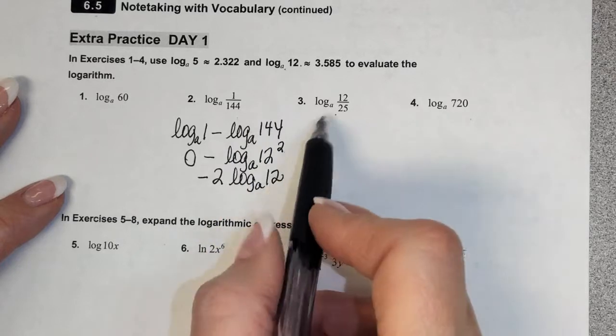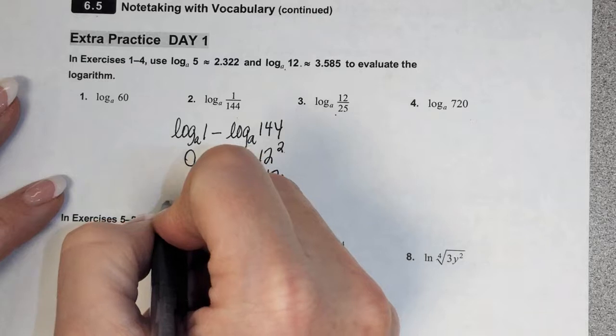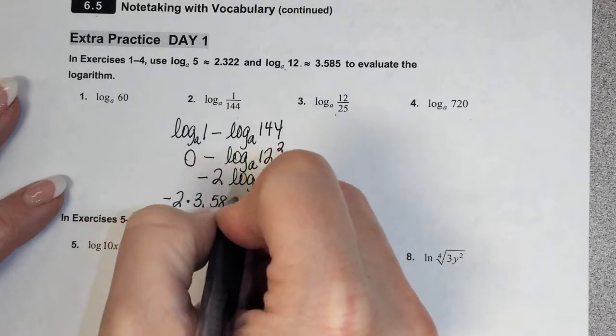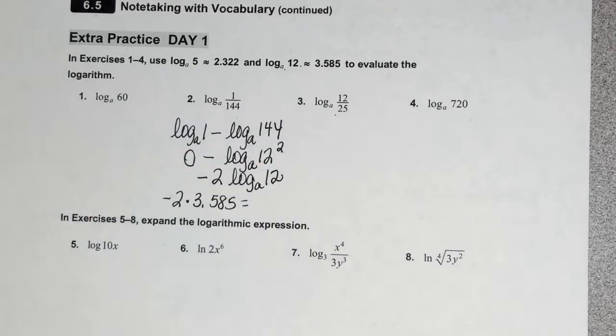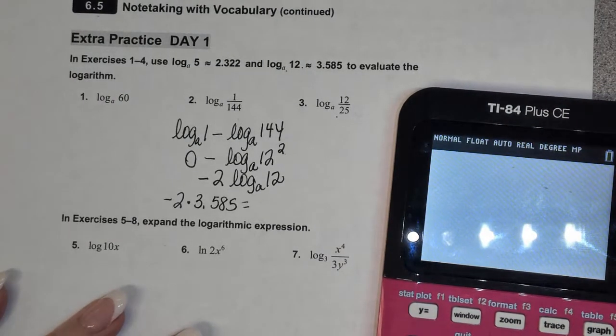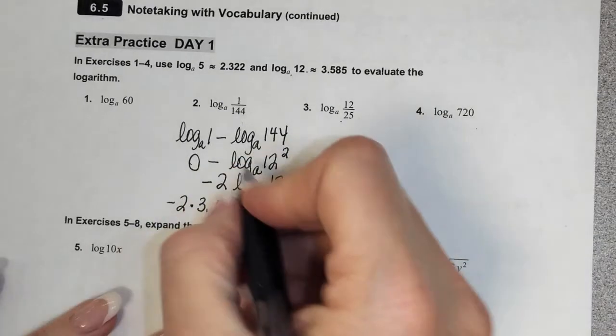Log base A of 12 is just 3.585. So all I have to do is negative 2 times 3.585. I can just grab a calculator. And that's going to be negative 7.17.